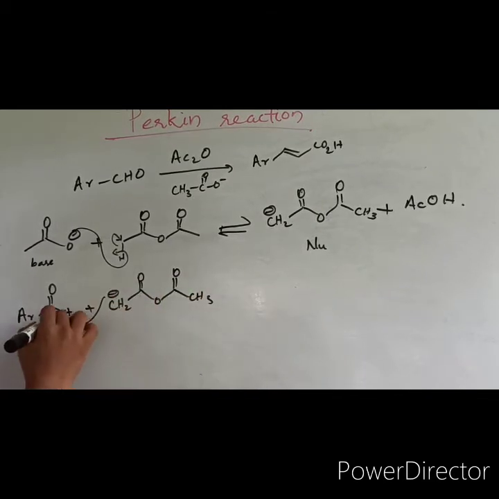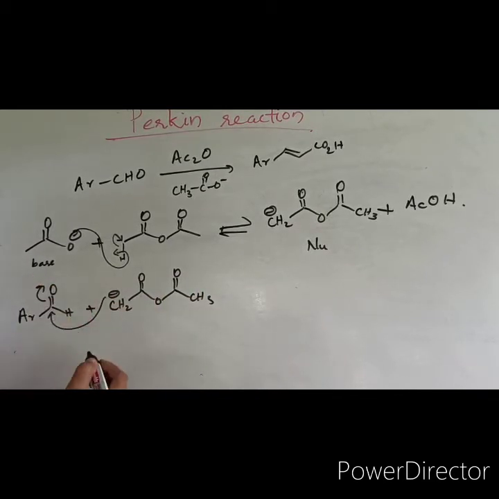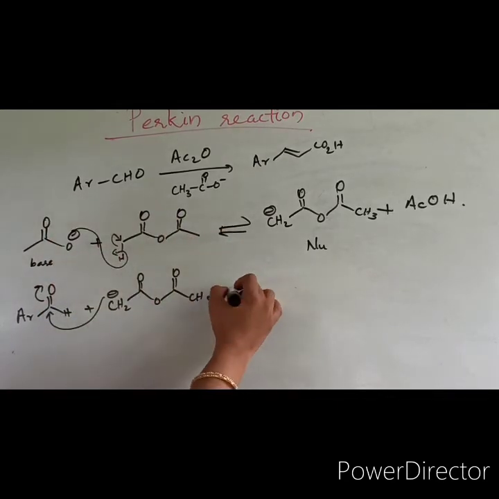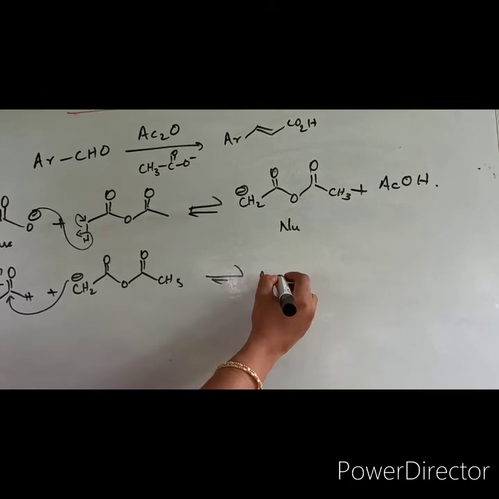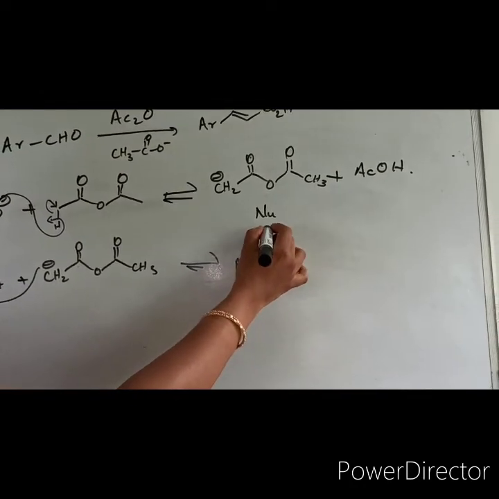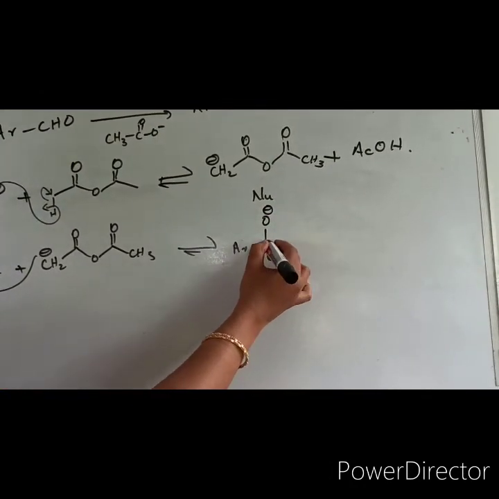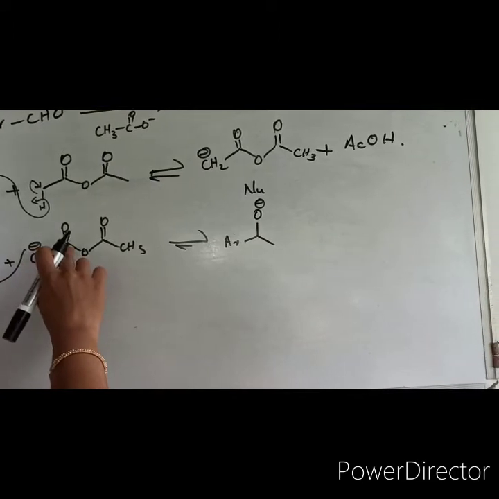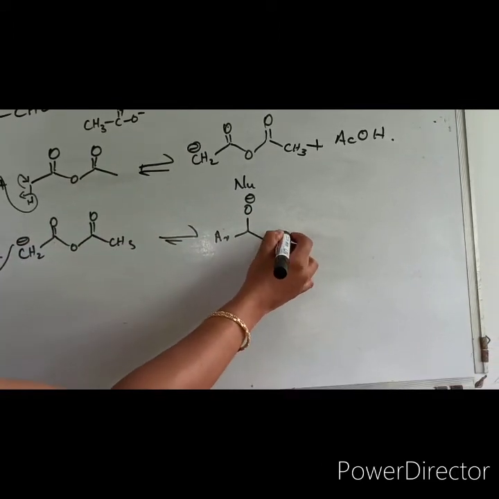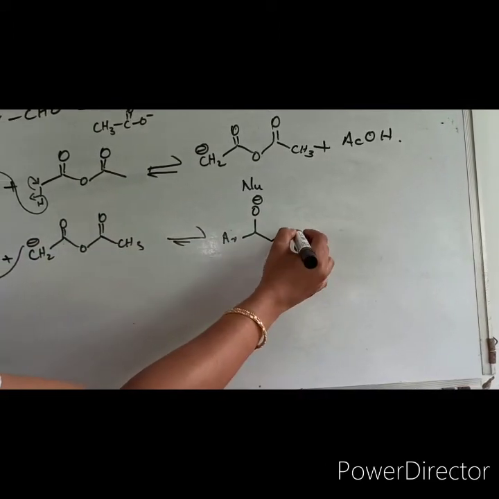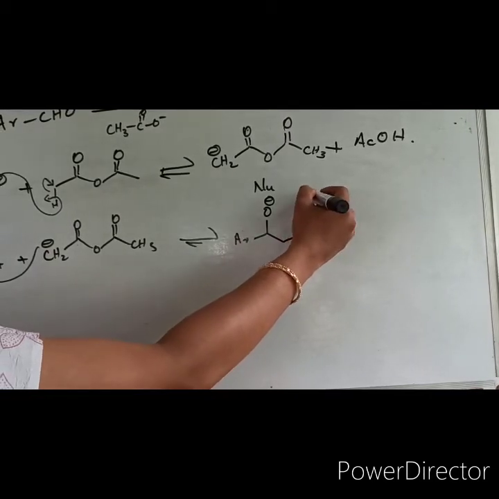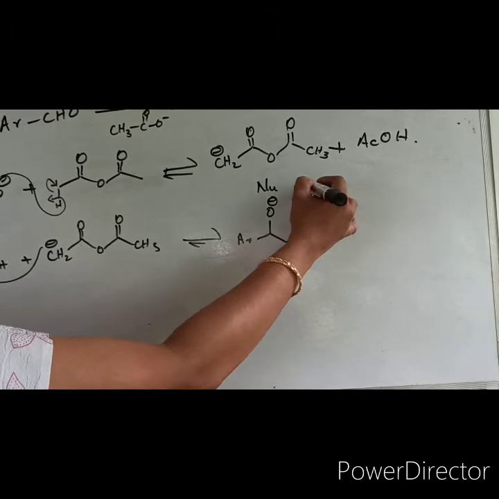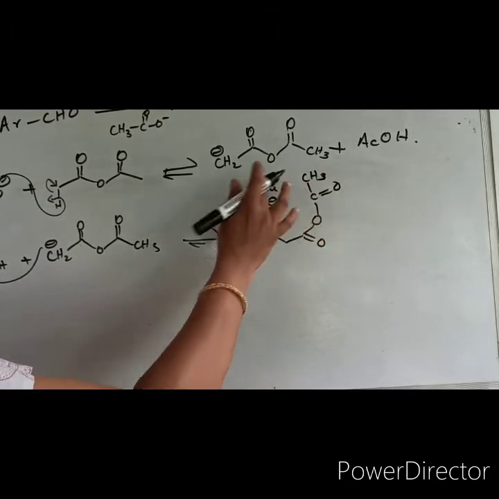So this will be attacking the aromatic aldehyde in this manner. So you will be getting Ar, O minus, CH2, C double bond O. Carefully you have to number the carbons. O, C double bond O, CH3.